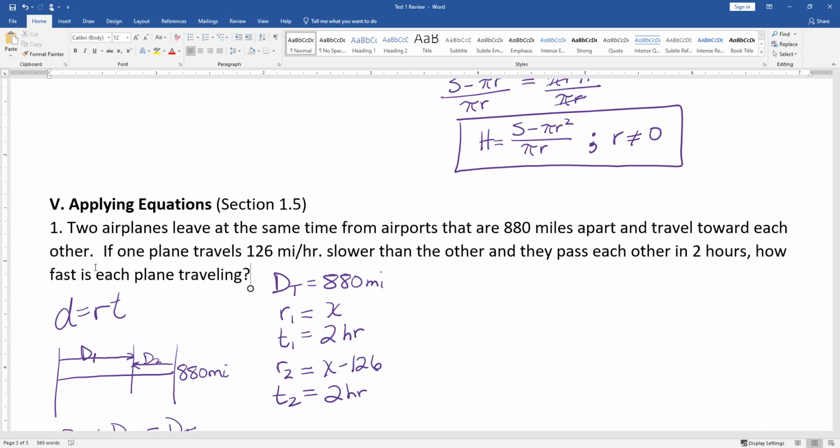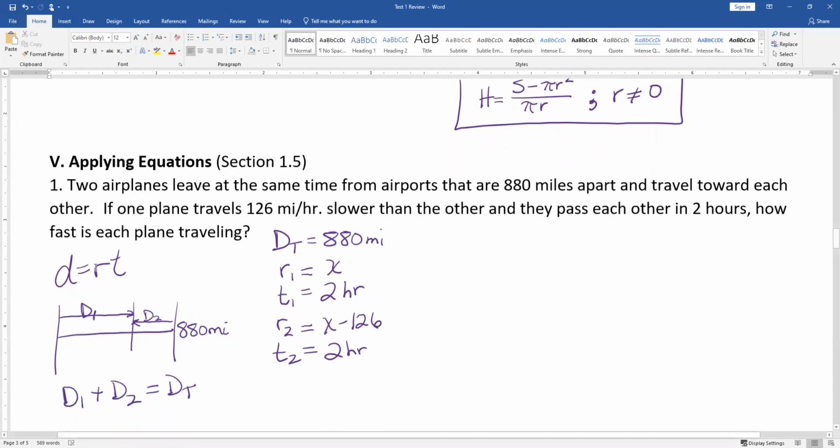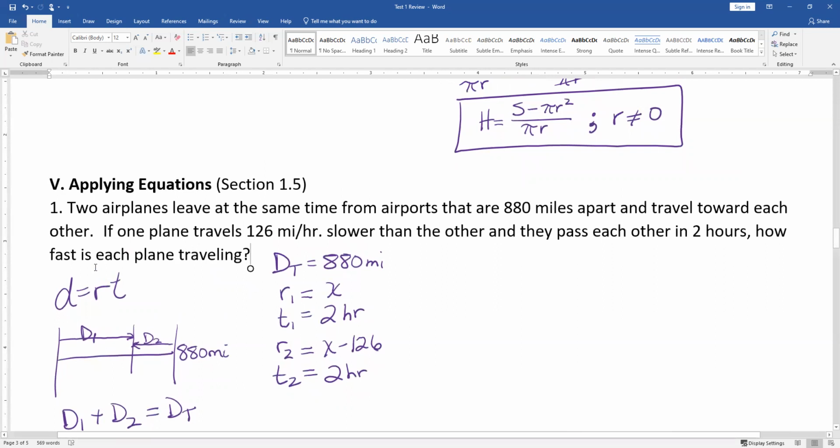All right, so that gives us our total distance. And then of course, D equals rate times time. So we know that the product of the rate and time of the first one plus the product of the rate and time of the second one gives us our total distance. So we can now put it together.